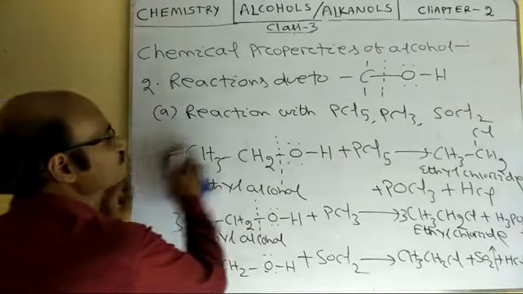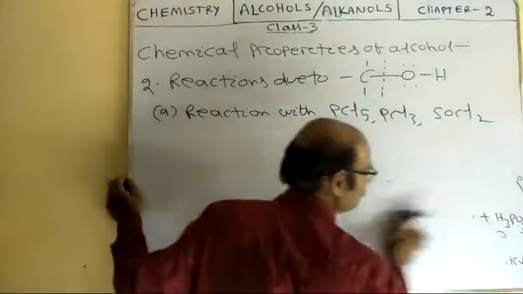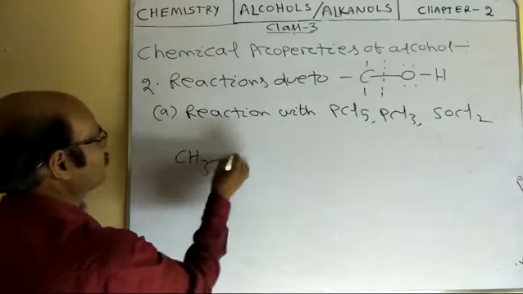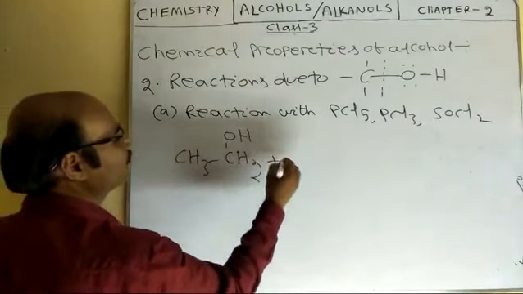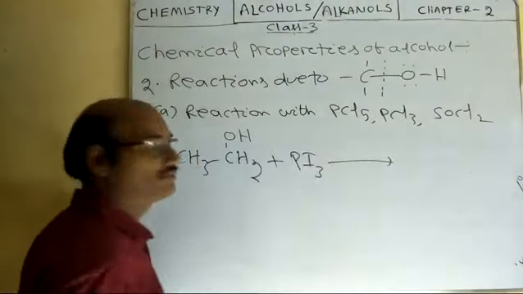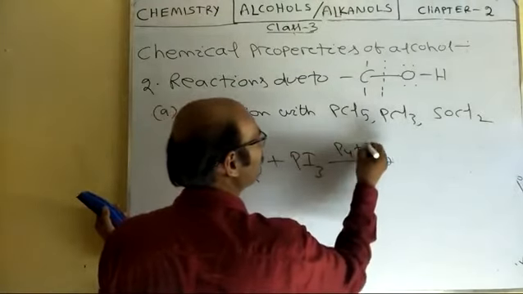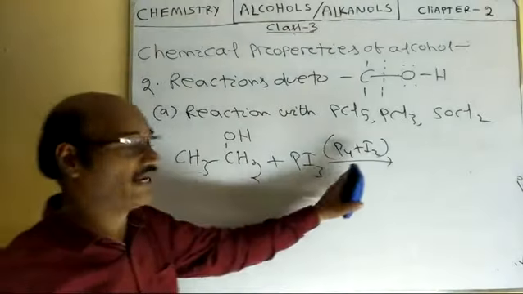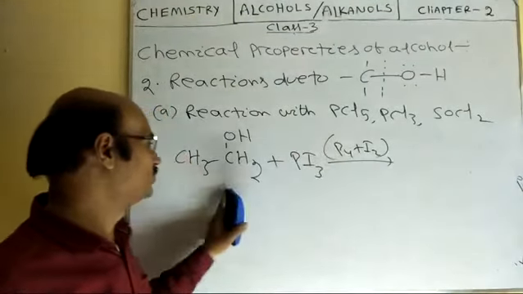For example, see, if I write for PI3 like this, CH3CH2OH plus PI3, I write here P4 plus I2. I will take P4 and I2. This reaction mixture will lead to this.